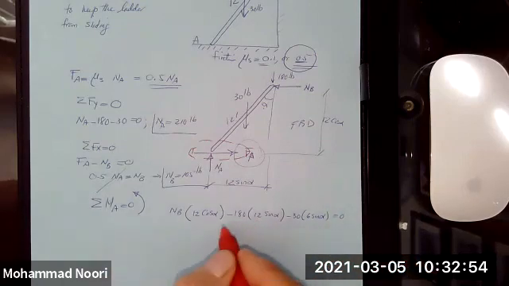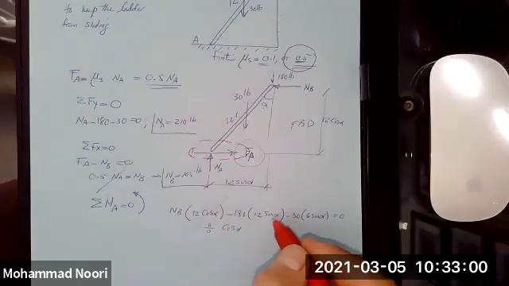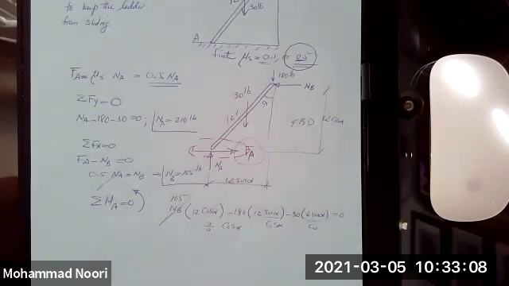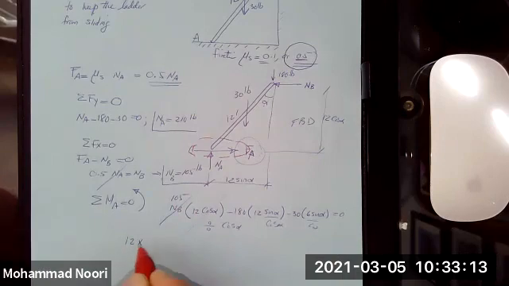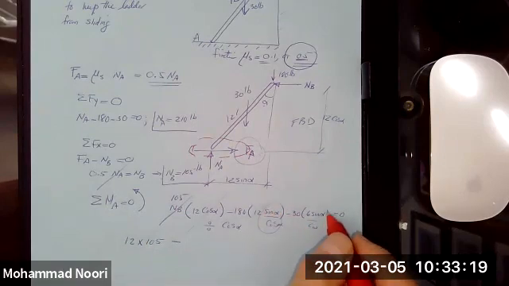If you divide the two sides by cosine alpha, you get NB, of course, is 105. So you get 12 times 105 minus, this would be tangent alpha, right?